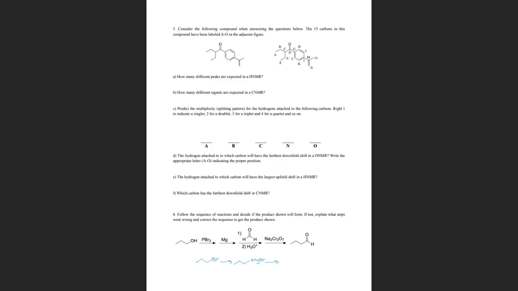The rest of the page is CNMR, HNMR questions, which we can definitely get to in just a moment. Okay, so when a Grignard reacts with a formaldehyde, what would we get? Alcohol? Okay, perfect. What kind of alcohol?